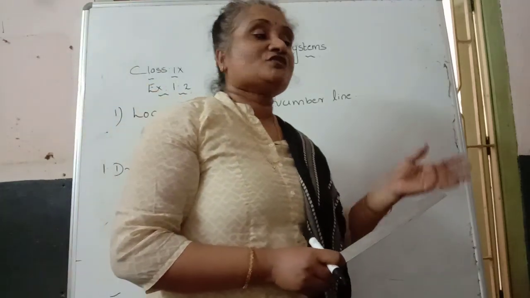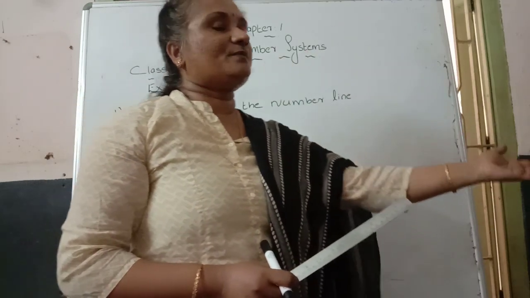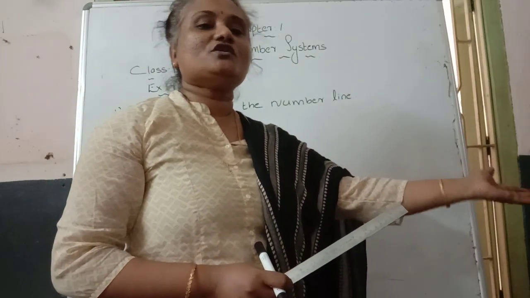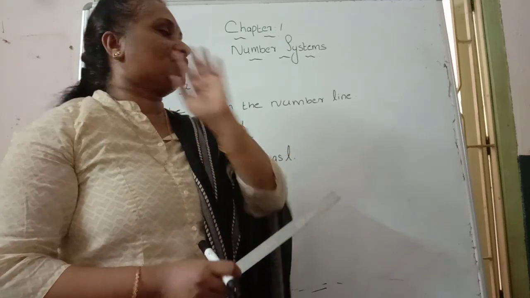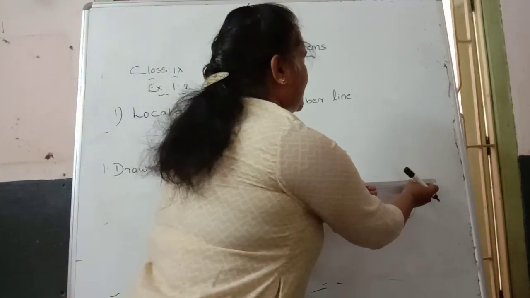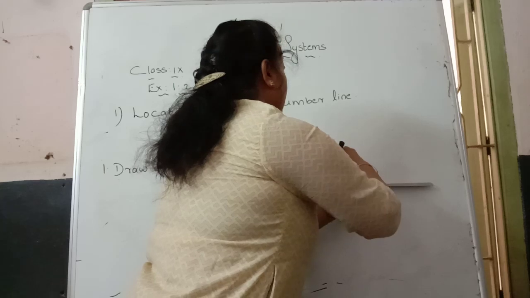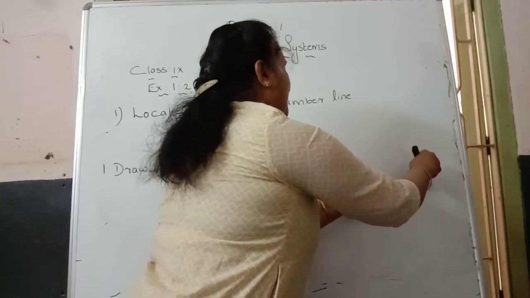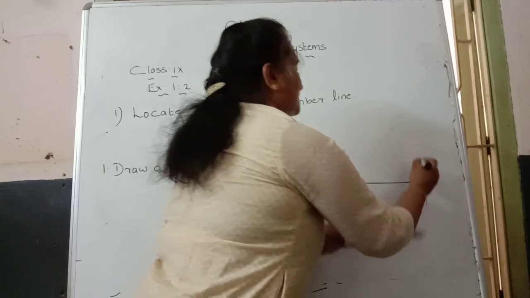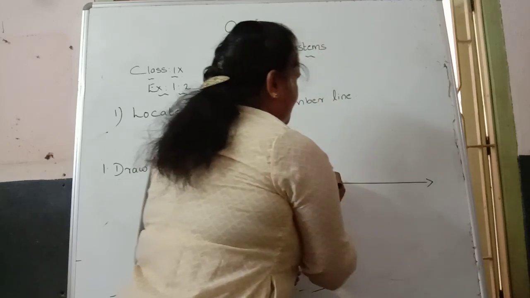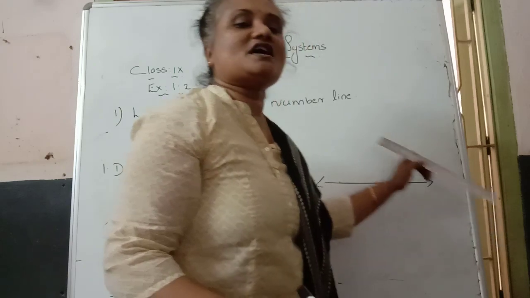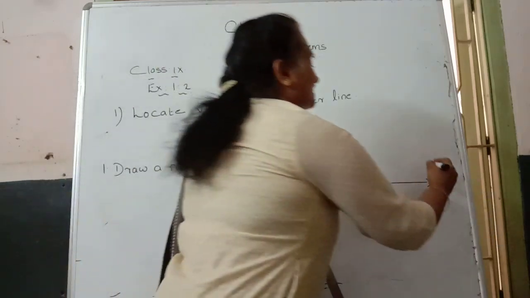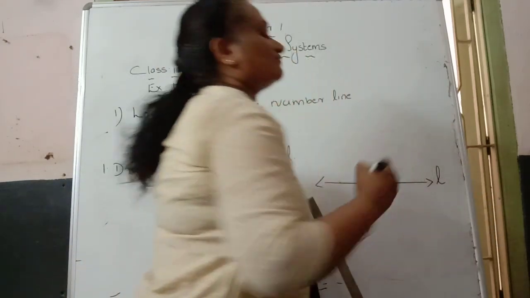Zero's right side represents positive values, and zero's left side represents negative values. Number line means it has no end point, that's why we put an arrow mark on both sides. There you mark an alphabet L.